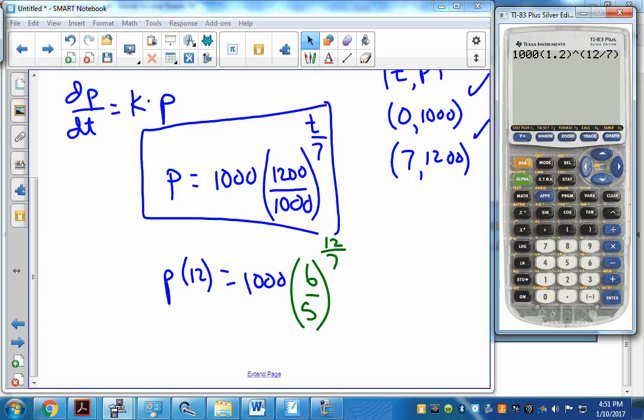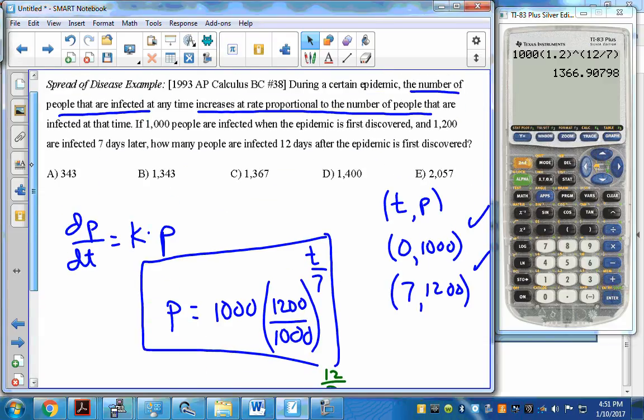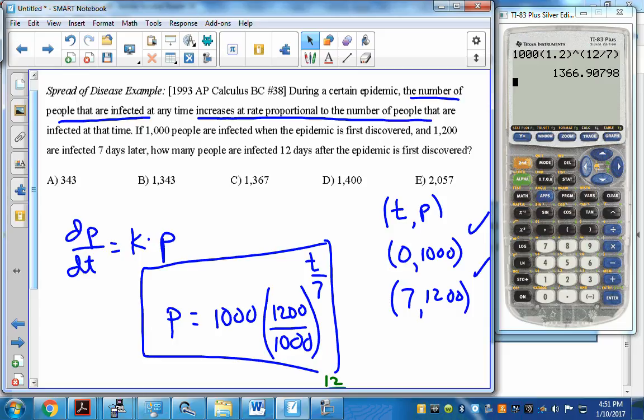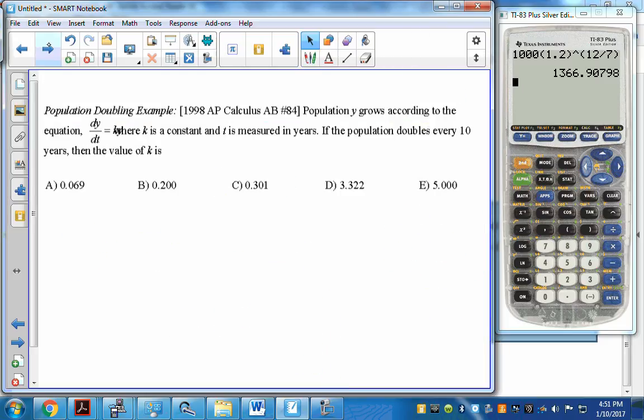Okay, so I have 1,000, 1.2, and 12 sevenths power, and so we get 1366.9, so 1367.